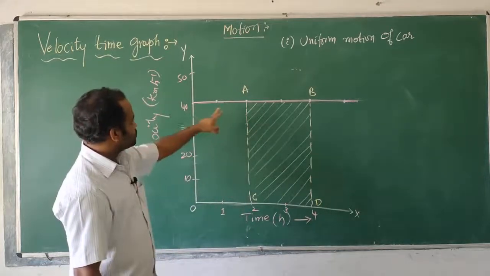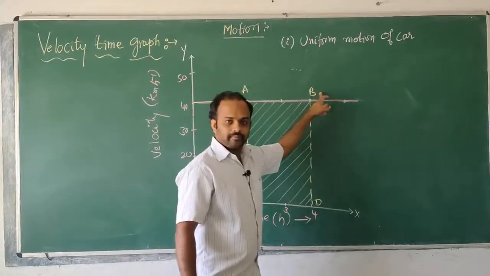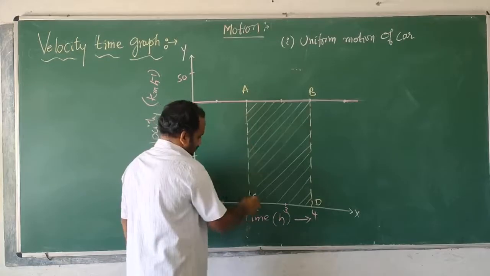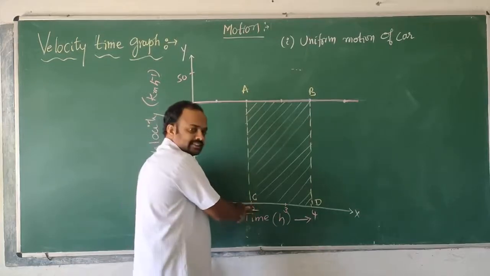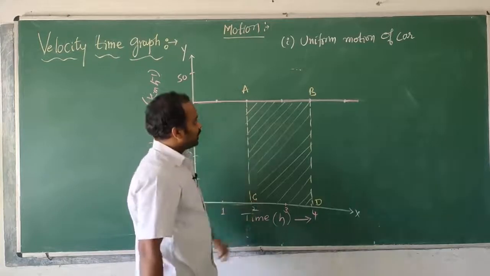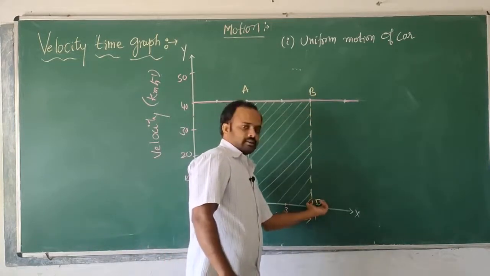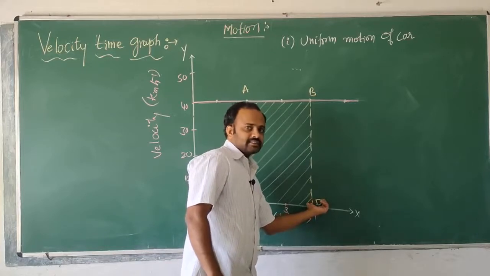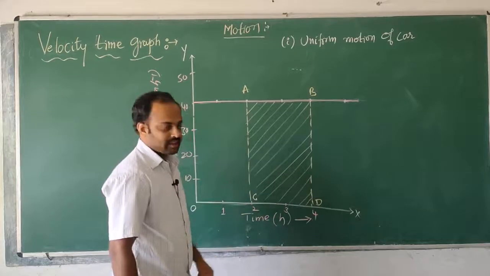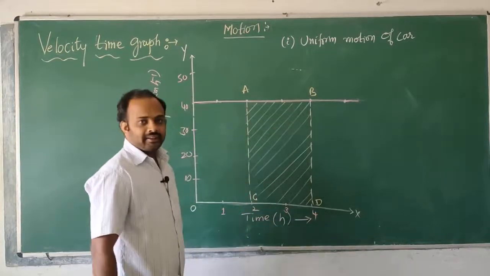Here we take two points on the line, A and B. Draw from A to the x axis a perpendicular line, name it C, and draw from B to the x axis a perpendicular line, name it D. AC is perpendicular to the x axis and BD is perpendicular to the x axis.